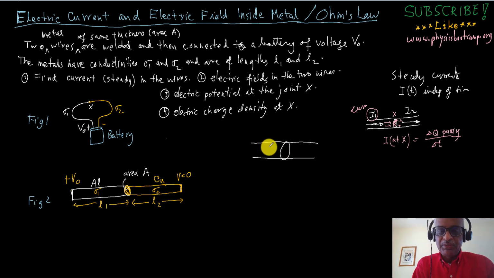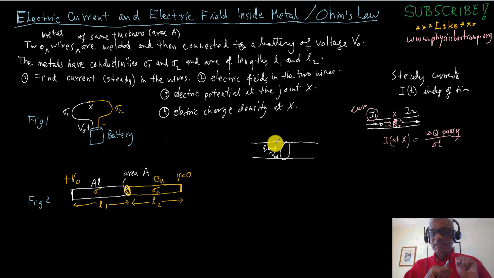So say there was some charge Q, which happens to be an electron here in metals, but it can be a hole in a semiconductor, like a p-type semiconductor. This is moving, and say its drift velocity is vd. It's not the actual velocity, right?